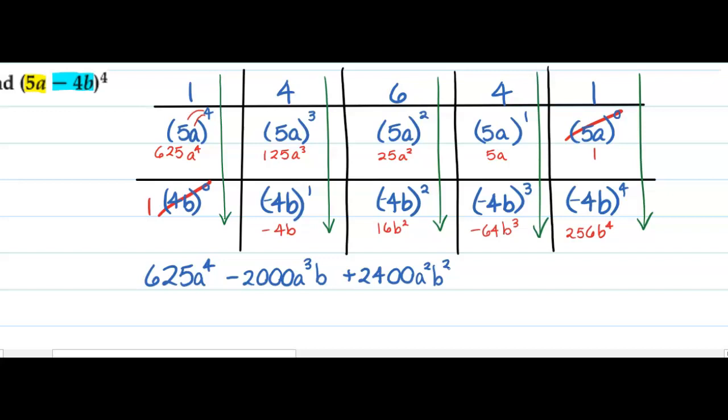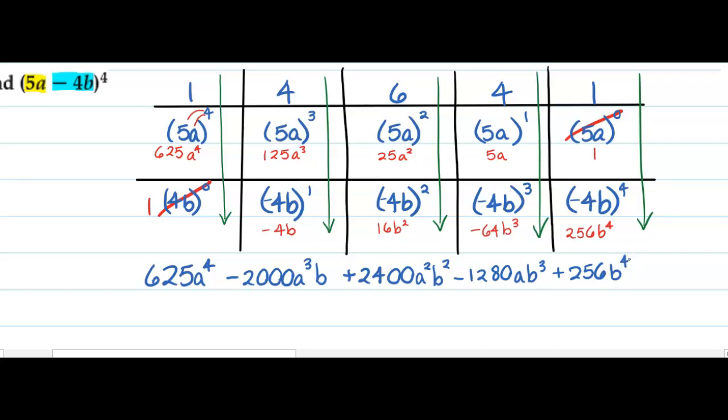Next I have 4 times 5 times negative 64 gives me negative 1,280, a, b to the 3rd. And finally, 1 times 256. No a's, b to the fourth.